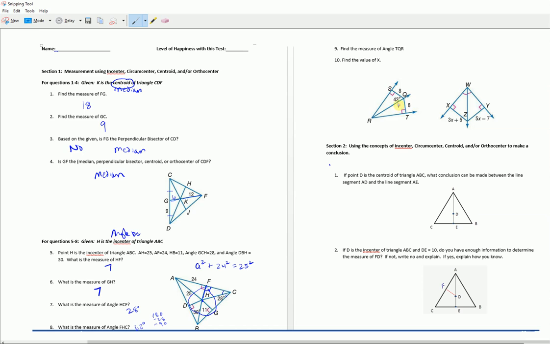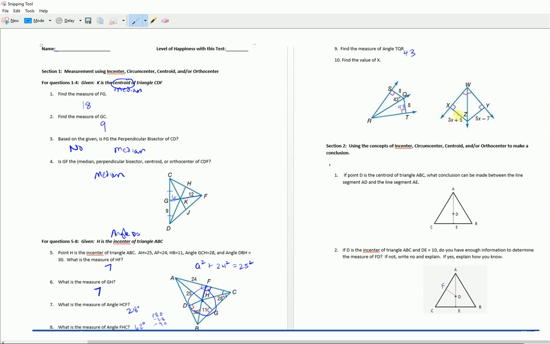For TQR, we're going to have the same angle here because these two triangles end up becoming similar. There was a theorem we studied at the beginning that talks about this, especially when we're talking about angle bisectors. This is 43 degrees.